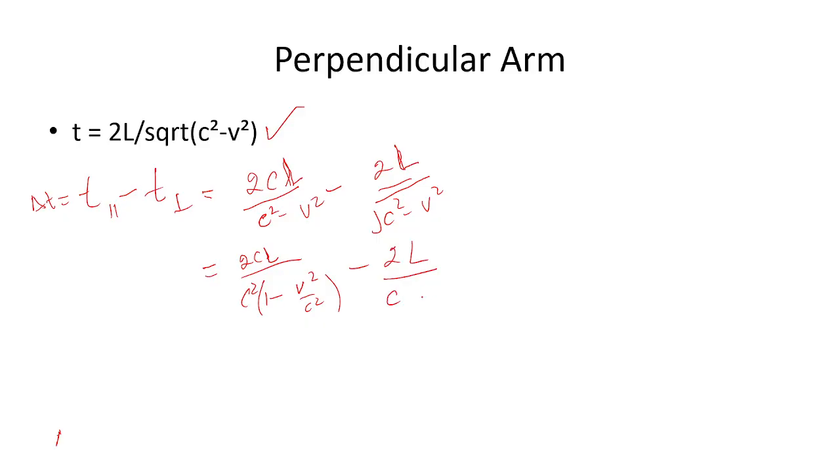C is common, so it is 1 minus V square over C square to the power 1 by 2.